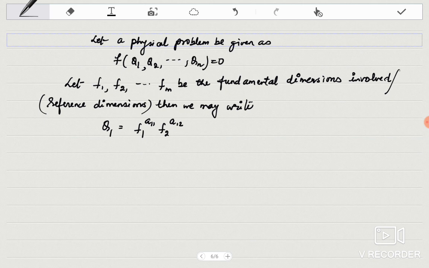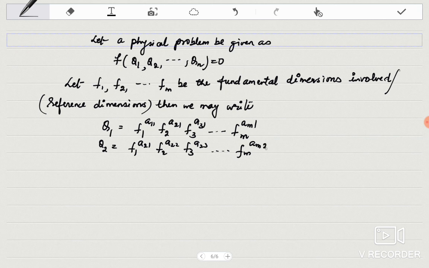Second row, first column, a21, f3, a31, and then fm, am1, q2 as f1, a21, f2, a22, f3, a23, and fm, am.